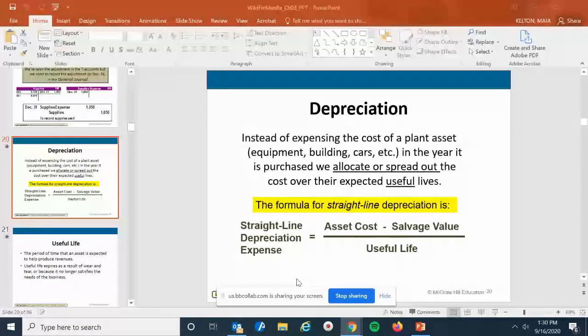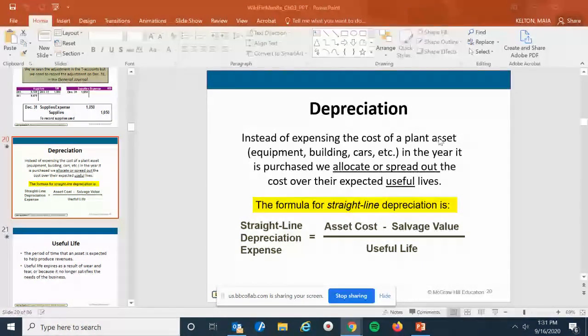Think about it from the perspective of prepaid expenses, and try to rationalize the idea of long-term assets such as equipment, buildings, cars, being prepaid expenses.